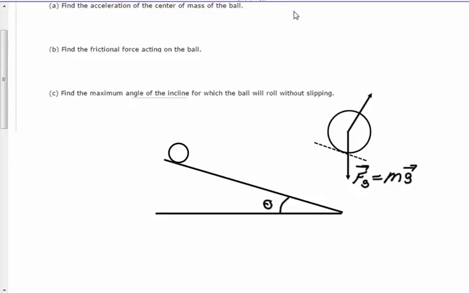Like that. And that'll be my normal force. And then since the ball is rotating in a clockwise fashion here, my frictional force must be creating a torque to make it go back up this way. We'll call this our F of S.